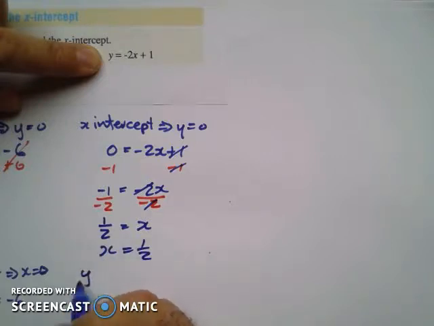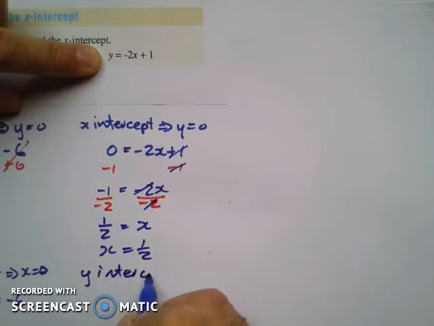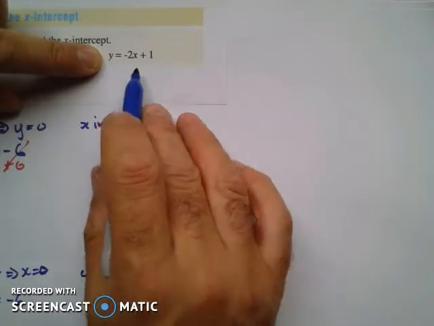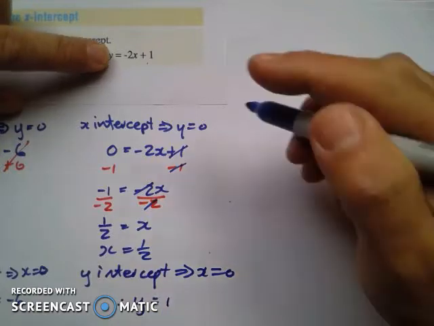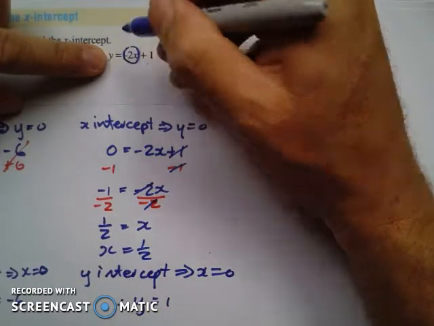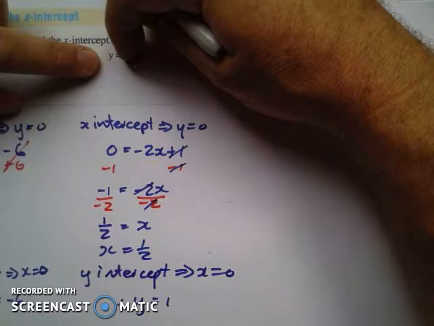The y-intercept is where x equals 0, which means that is the c value, and the c value is plus 1. Therefore, y equals 1.